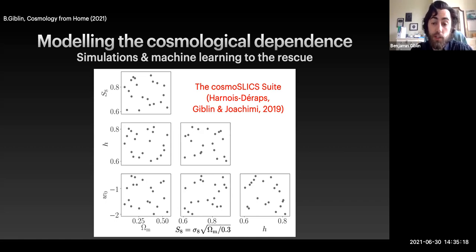So essentially, we can measure our new statistics from these simulations, and then we can use a machine learning algorithm to train on those simulations to create a model of how our statistics vary with these cosmological parameters. Specifically, the machine learning algorithm we use is called a Gaussian process emulator.